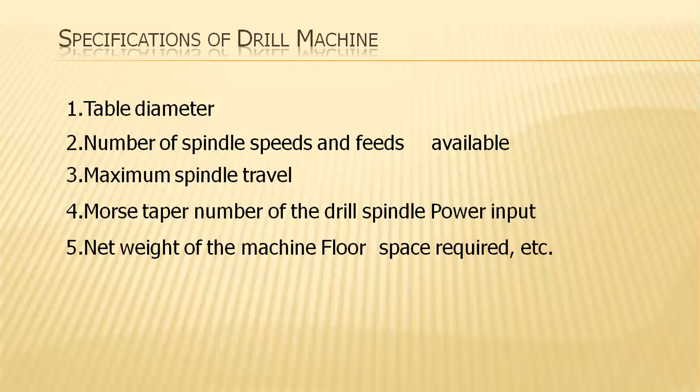And the next thing is the maximum spindle travel. In order to move the tool post throughout the material, which is possible from the headstock to the tailstock, in between the chucks holding the workpiece, we use the spindle travel.